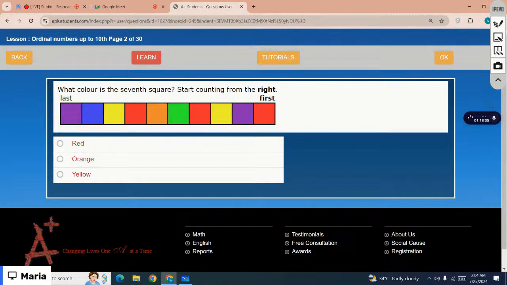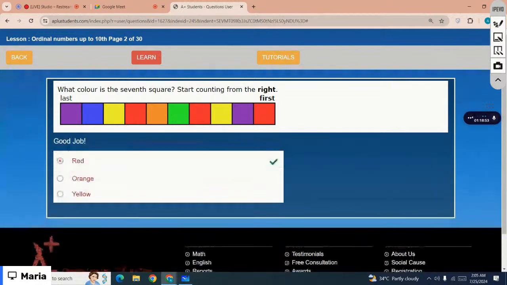You have to see the seventh square, right? So the correct option is yellow, I think yellow is the seventh one. One, two, three, four, five, six, seventh. Yes, red is the correct option. The one that is at the seventh is red. Got it?